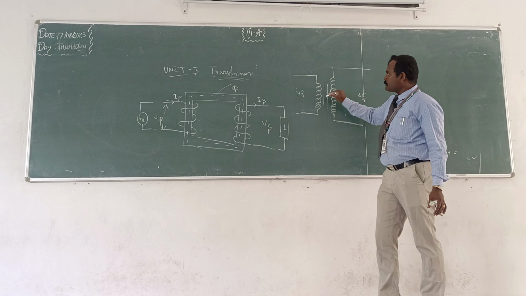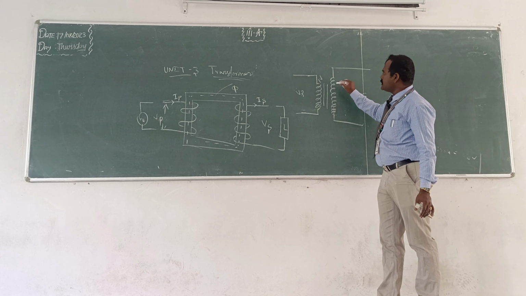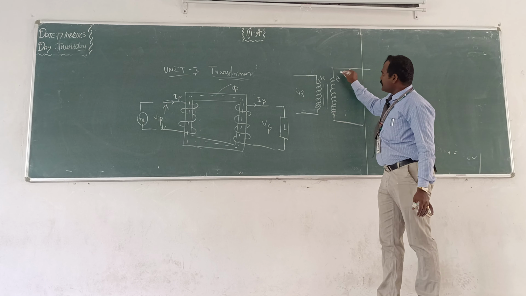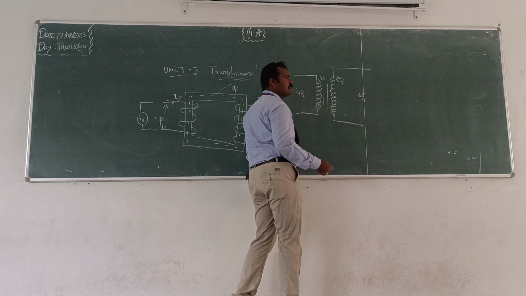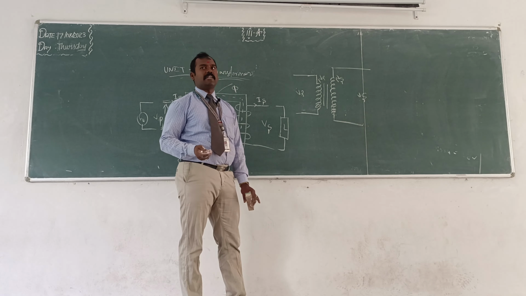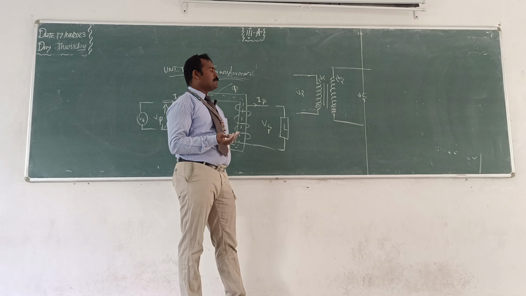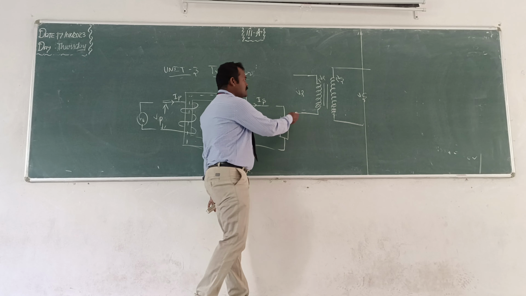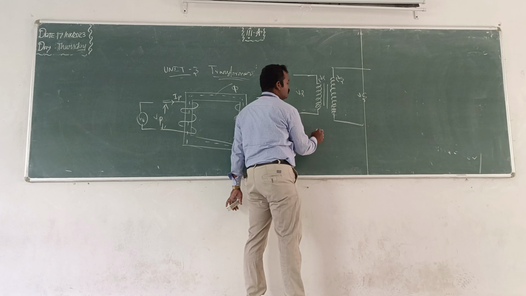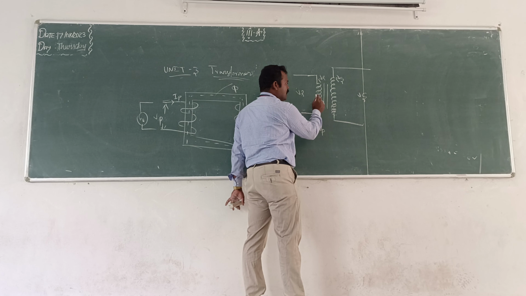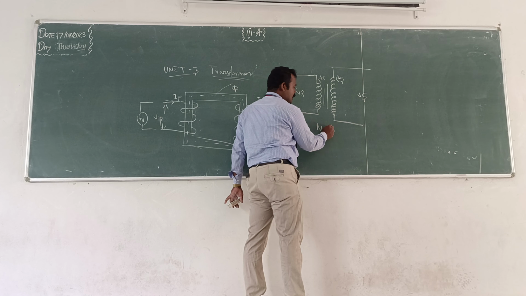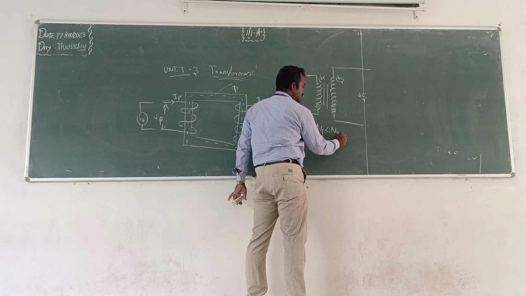N is the indication of the number of turns, in the primary winding and in the secondary winding. Based on the number of turns in the primary and secondary windings, we can say it is either a step up or step down transformer. In this kind of transformer, NP, the number of turns in the primary winding, is low compared with the secondary winding.